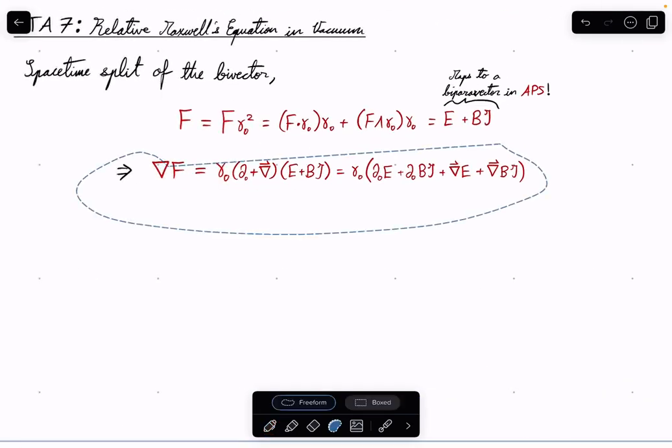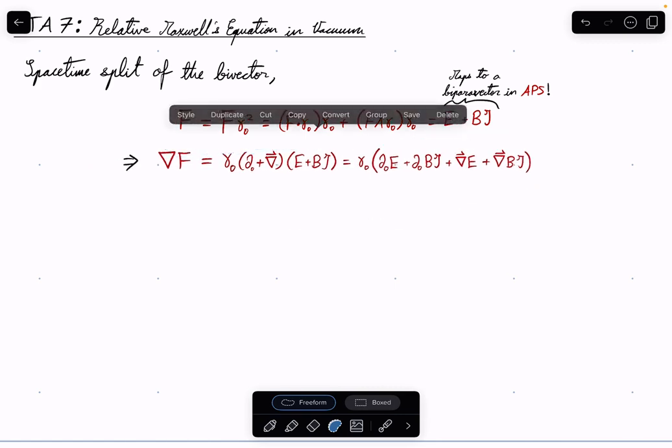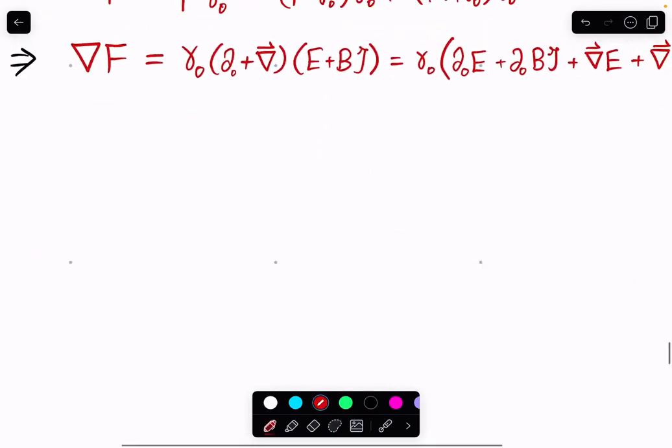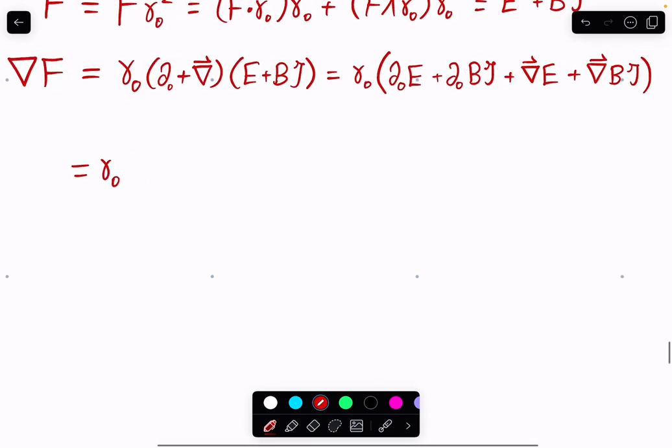So we have this, which is then equal to gamma naught, and we can expand out these right here.